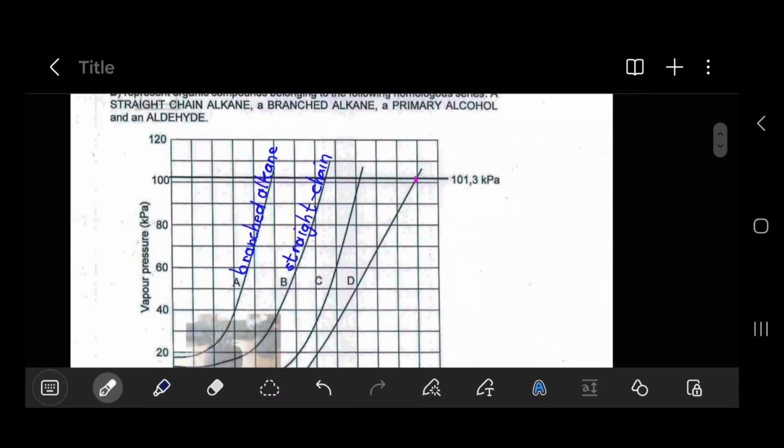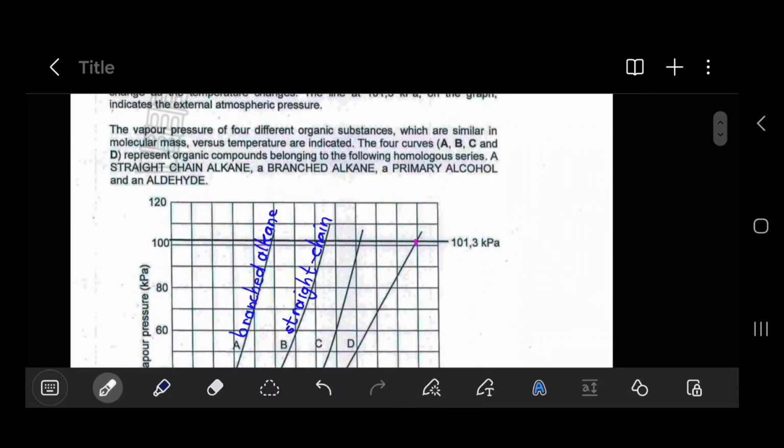But if we compare the intermolecular forces that an aldehyde has and an alcohol has, we know that an aldehyde has dipole-dipole forces, whereas an alcohol has hydrogen bonding. Hydrogen bonding is stronger than dipole-dipole forces. So we are expecting this alcohol to have the highest boiling point, meaning the lowest vapor pressure.